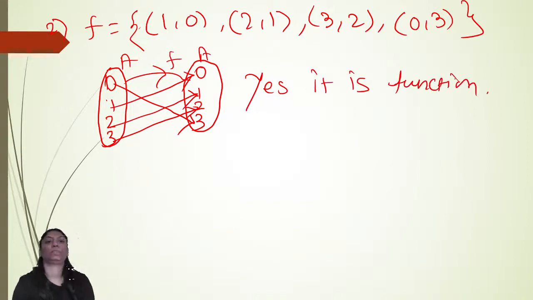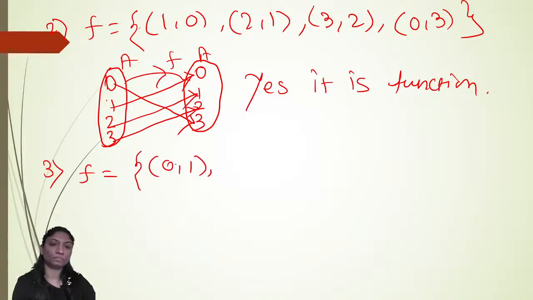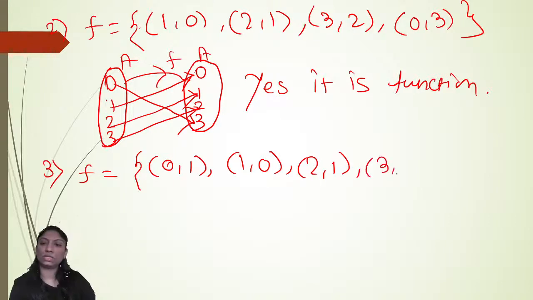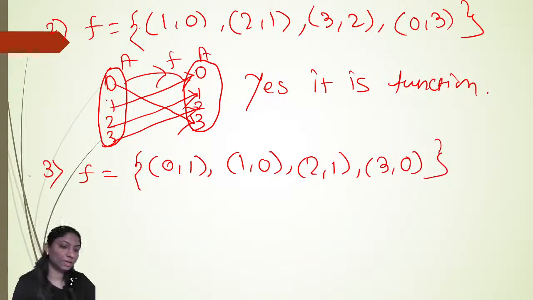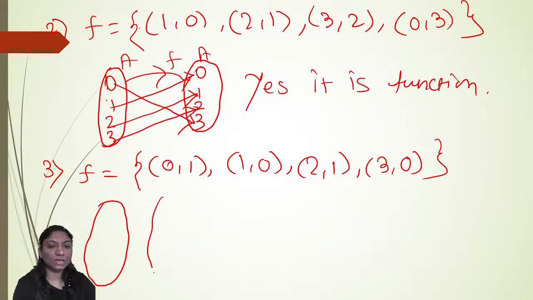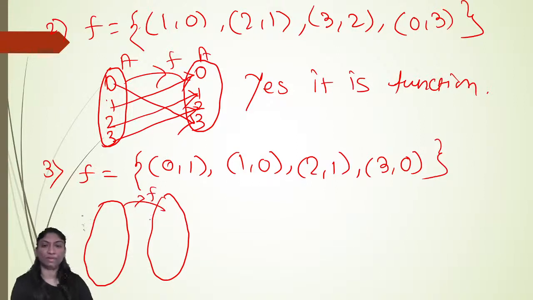Right? Now the third one. So f is given, f is equal to {(0, 1), (1, 0), (2, 1), (3, 0)}. Right? So we will draw the diagram. You can tell directly here also, but it will be more clear with the help of the diagram. Right?